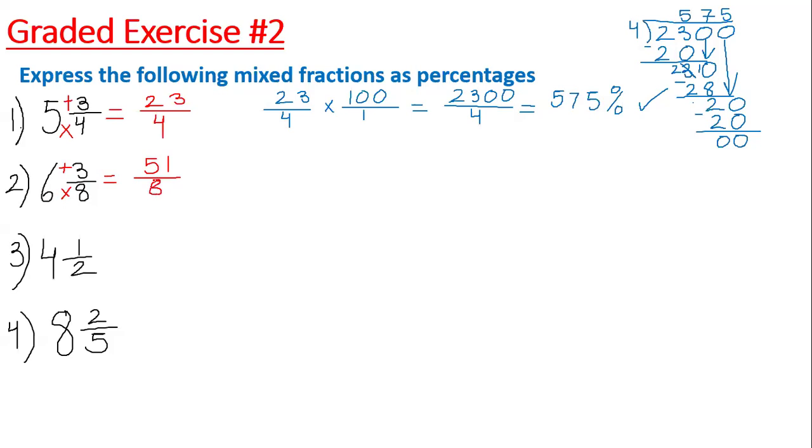And we have to multiply by 100. So that's gonna be 51 over 8 multiplied by 100 over 1. Very good.